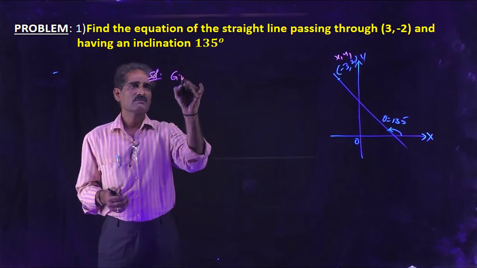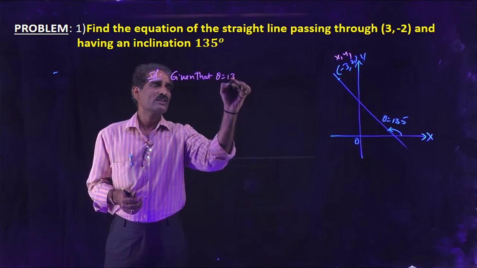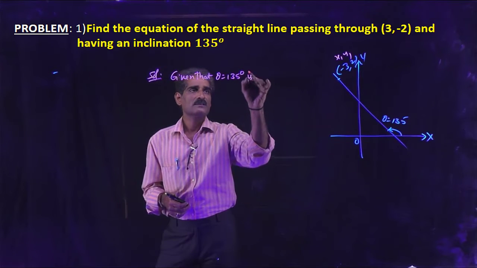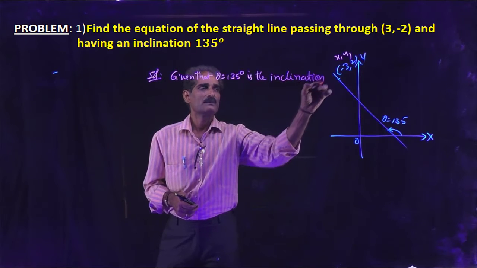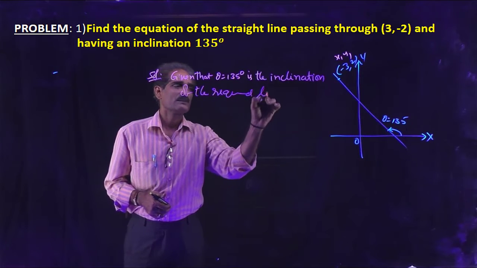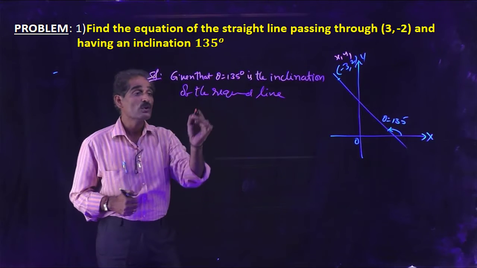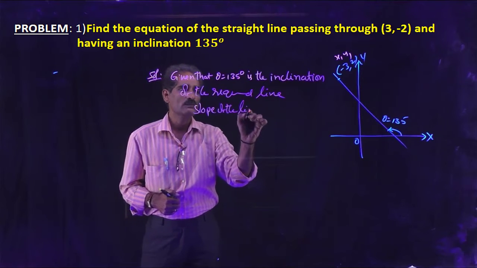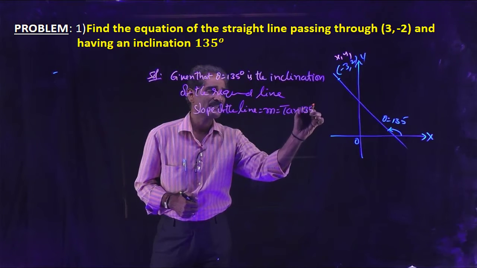Given that theta equal to 135 degrees is the inclination of the required line. Slope of the required line is m equal to tan 135 degrees.